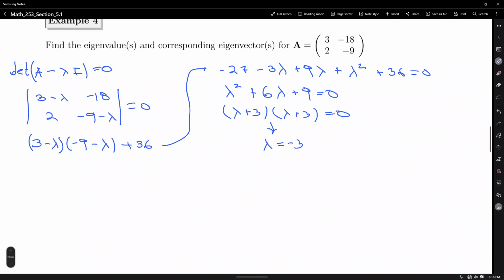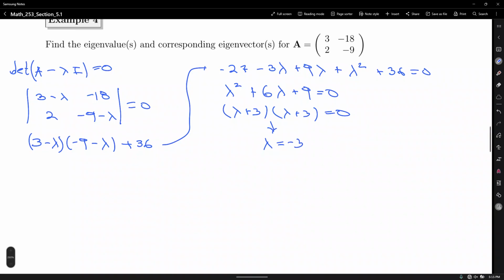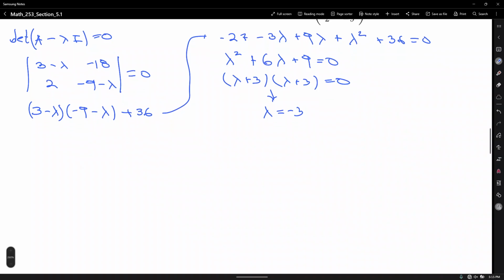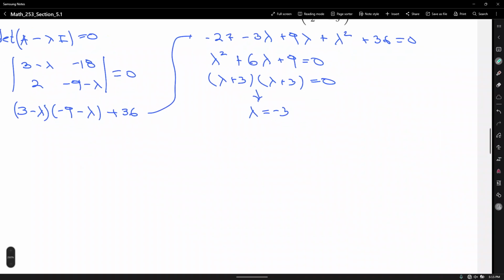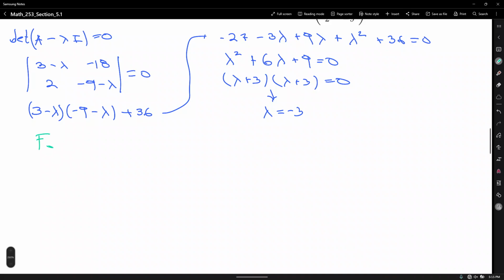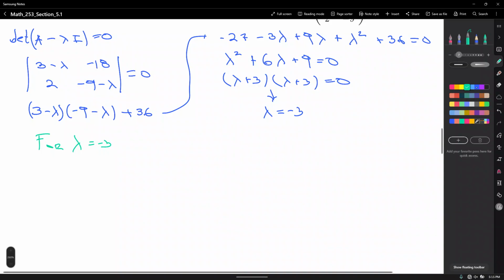So let's get the corresponding eigenvector for lambda equals -3. For lambda equals -3, what do we do? Set the equation A minus lambda I times some vector v equal to the 0 vector.